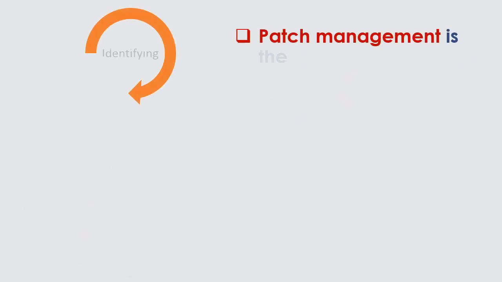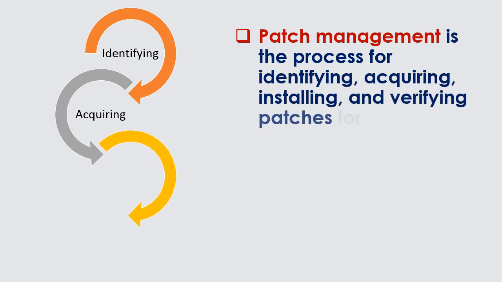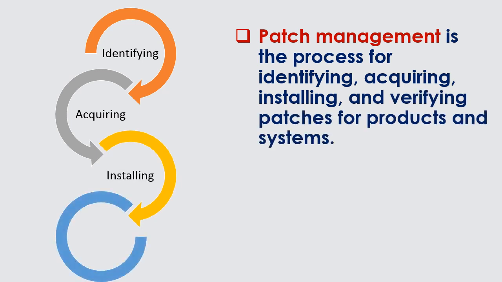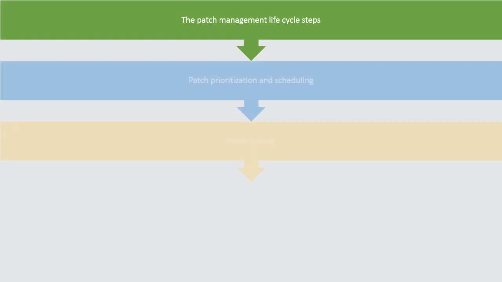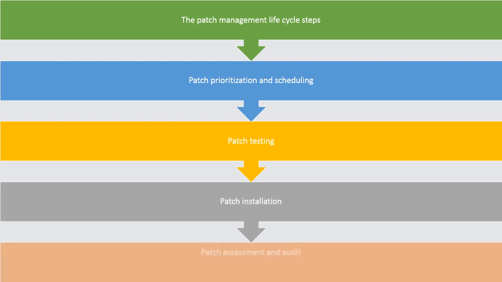Patch management is the process for identifying, acquiring, installing, and verifying patches for products and systems. The patch management life cycle steps are: patch prioritization and scheduling, patch testing, patch installation, and patch assessment and audit.